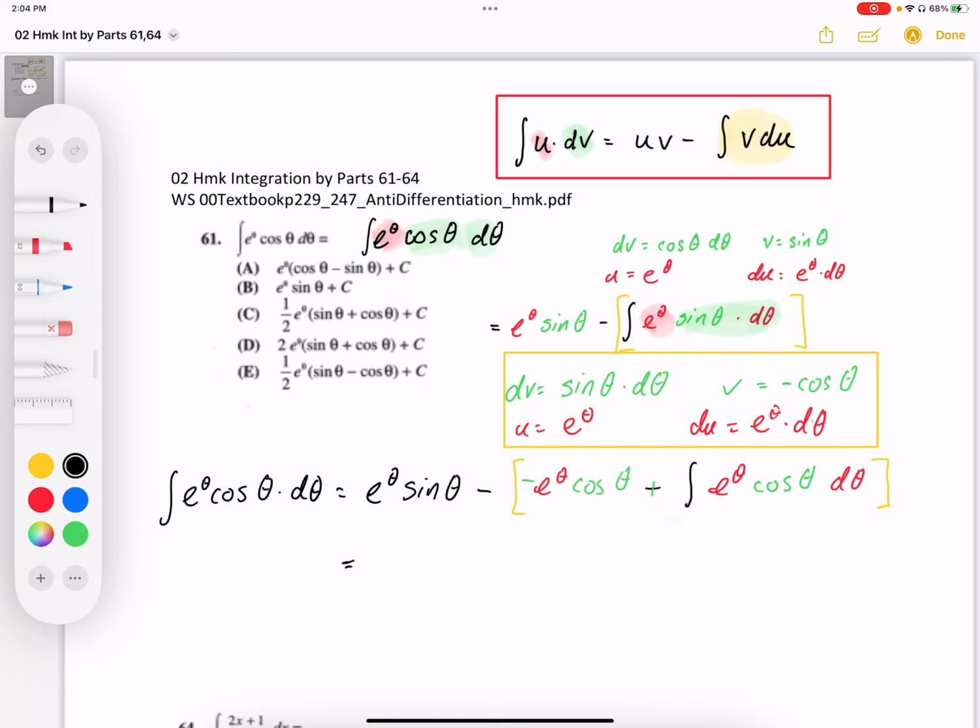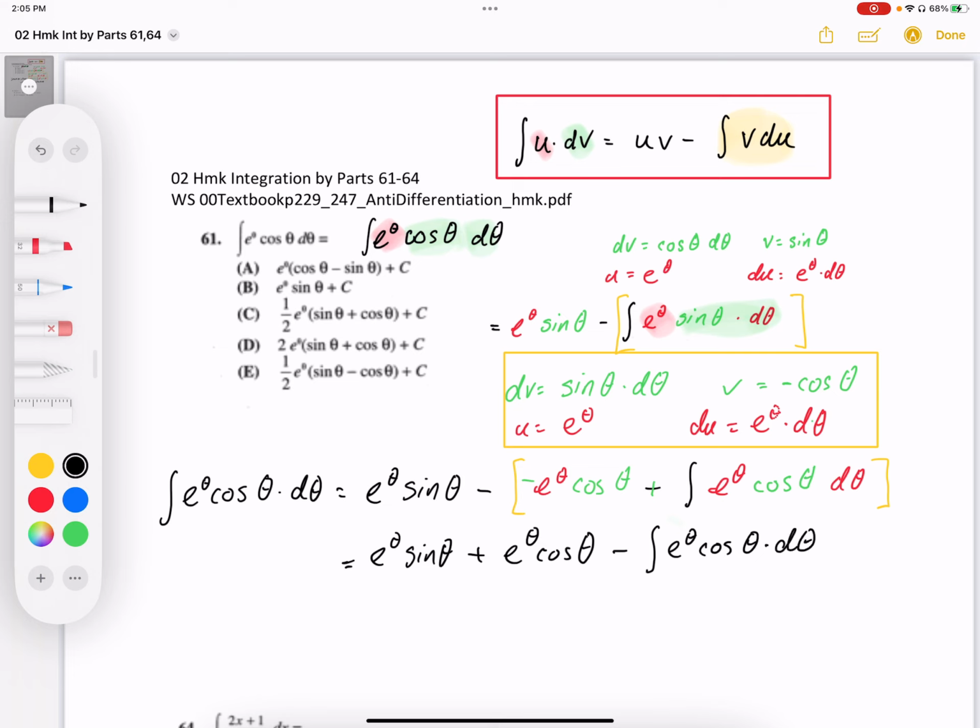I'm going to work out all my signs first. So e^θ sin θ, expand out the brackets, plus e^θ cos θ, minus the integral of e^θ cos θ dθ.